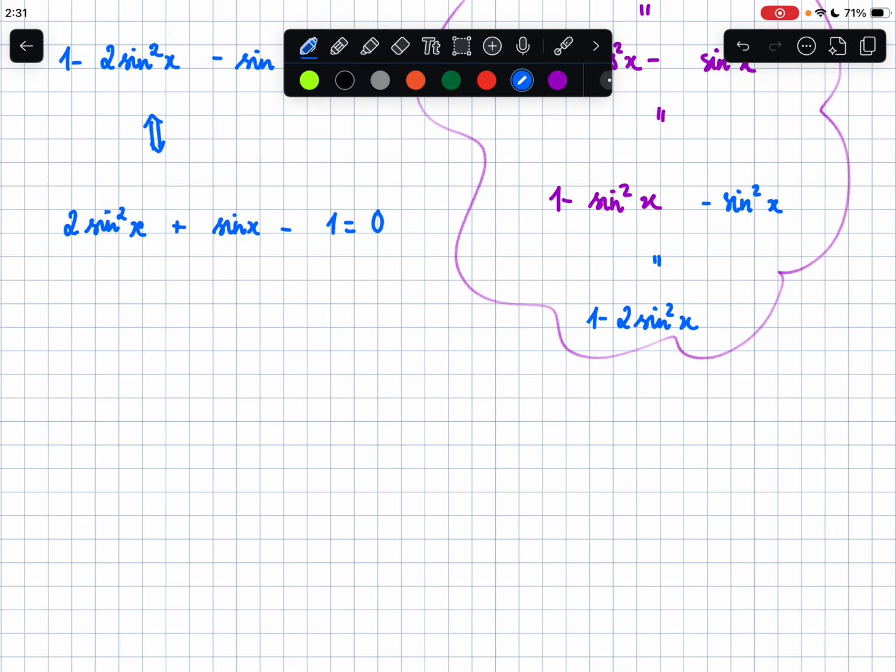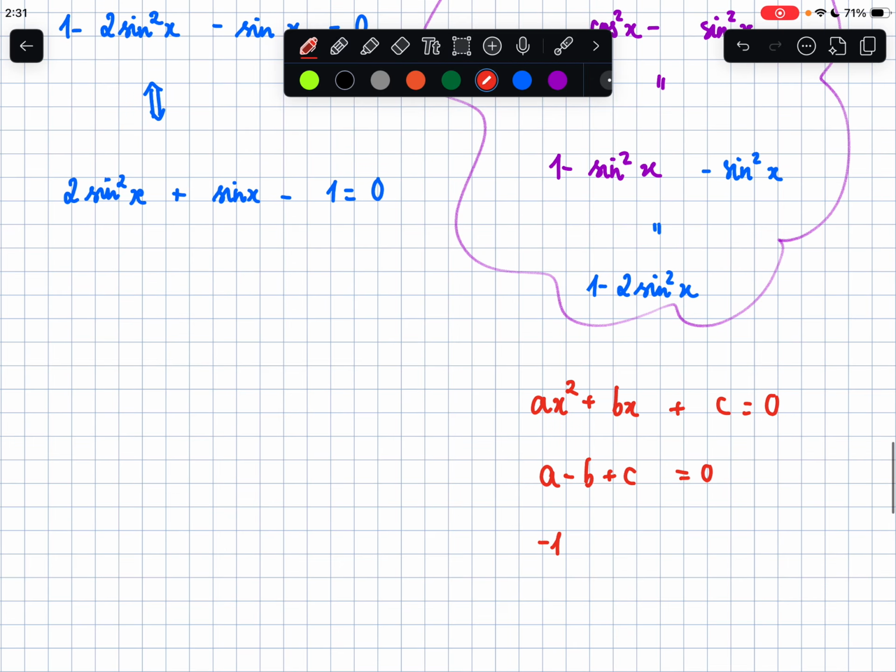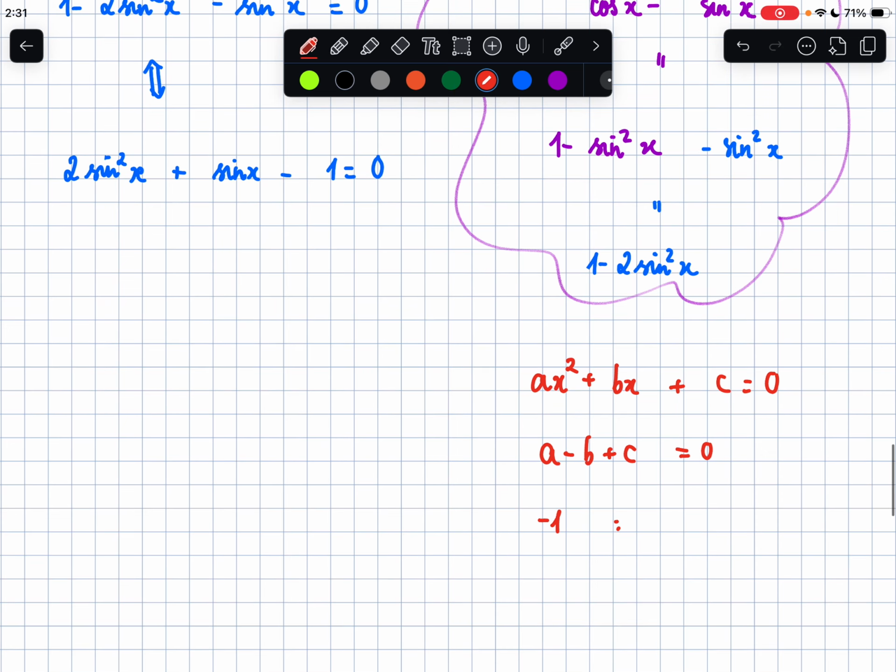So here's one way you can remember. Ax square plus bx plus c equals 0. If a minus b plus c is 0, then minus 1 is a root. So this means that the other one, say x1, equal to minus 1. x1 times x2 is c over a.